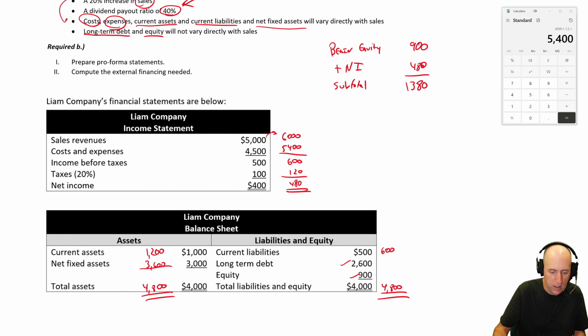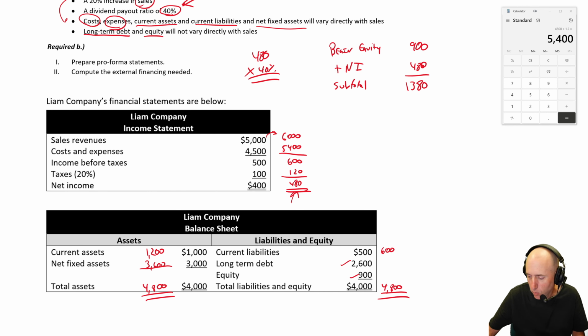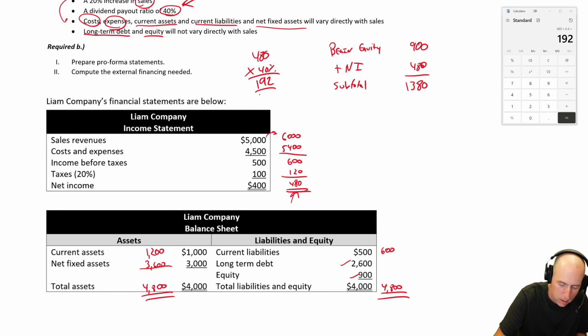We deduct dividends. Now we know our dividends. Our dividend payout ratio is 40%, and our projected net income is 480. So 480 times 40% will give us our dividend amount. 480 times 0.4 is 192. That's our dividend.